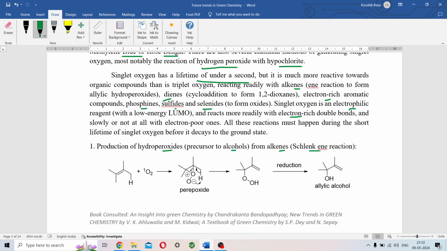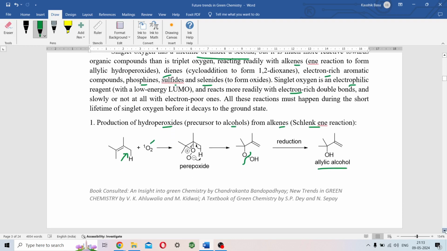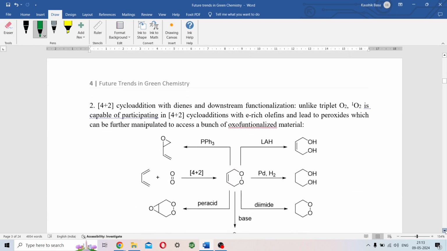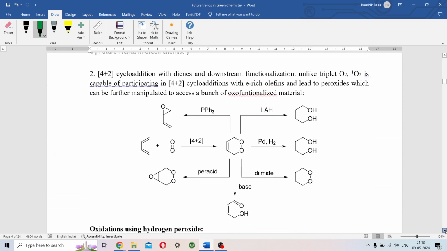This reaction is known as the Schenck-ene reaction, where you have an allylic type hydrogen present here, and you are reacting this with singlet oxygen, and that singlet oxygen is forming a perepoxide, which is an epoxide and one more oxygen atom attached to the epoxide oxygen, and then an ene type reaction takes place to give you the hydroperoxide, and after you reduce and get rid of the peroxo linkage, you get an allylic alcohol. So that's one way of generating such compounds starting from alkenes.